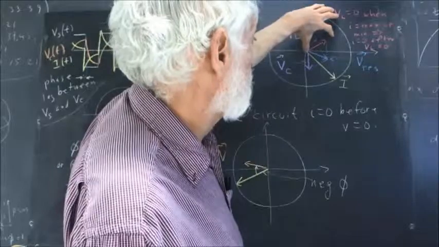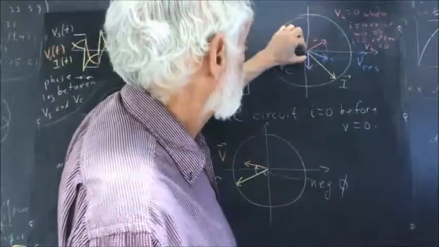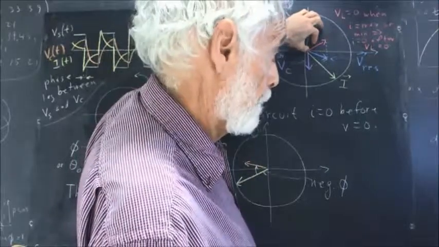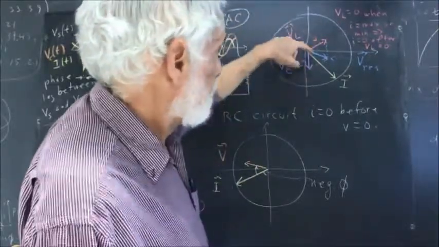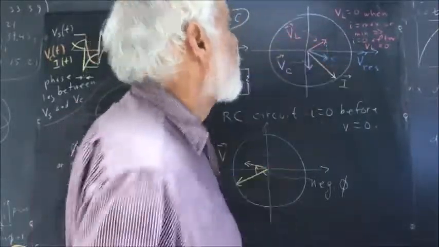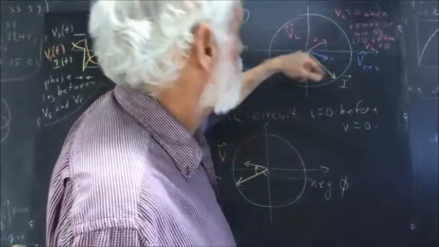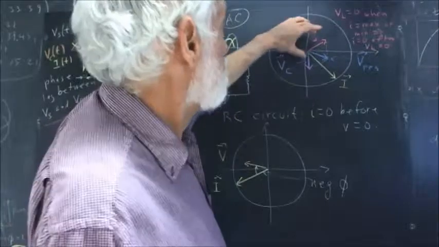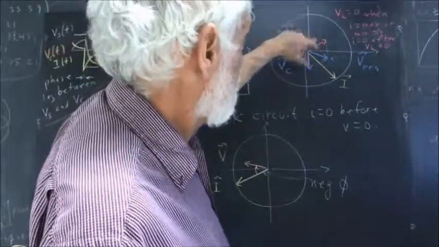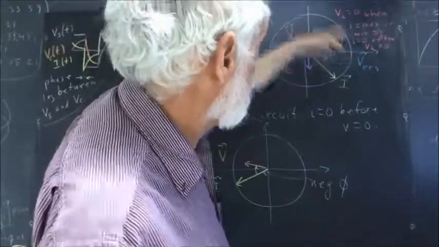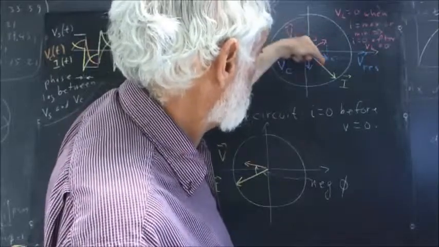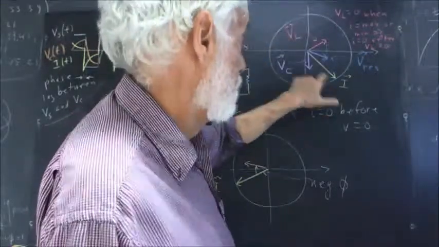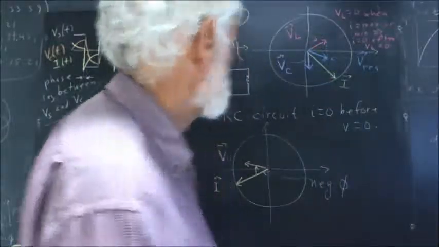So this vector might be much longer, this vector might be much shorter, or this vector might be longer and this vector shorter, in a way that we'll see soon. So that this resultant voltage could end up preceding or following the current. Or it could be that these things just match up in such a way that the resultant of these two voltages is in phase with the current, in which case we'd have something we call resonance.